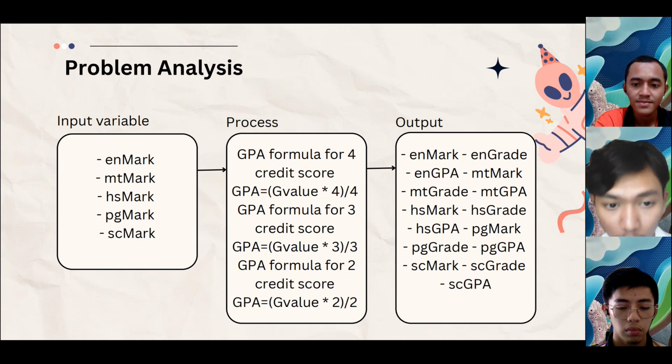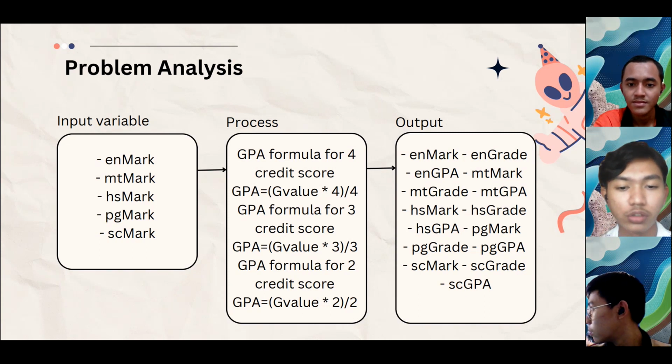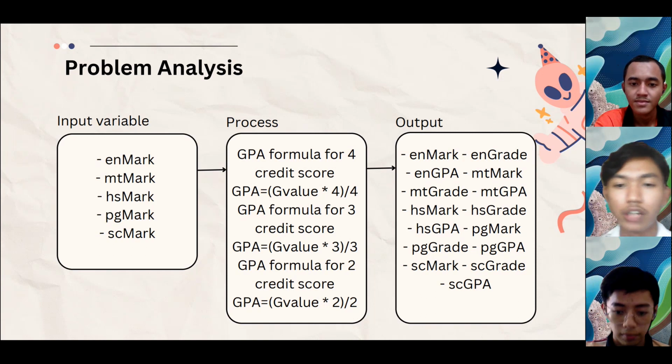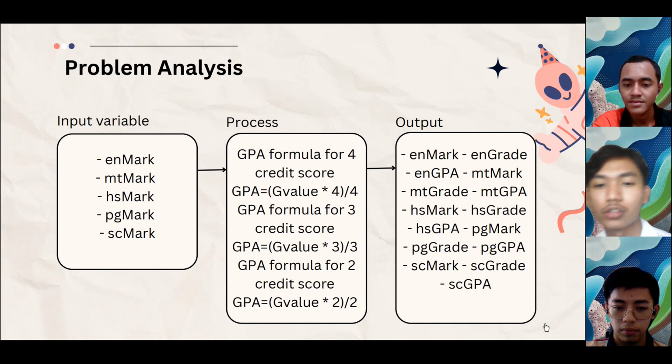For 3 credit score, the GPA equals G value multiplied by 3 and divided by 3. For 2 credit score, the GPA equals G value multiplied by 2 and divided by 2. So the output is all the subject, mark, grade, and GPA. So this is the problem analysis.